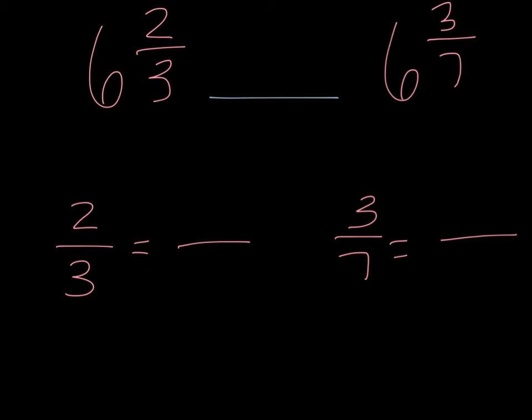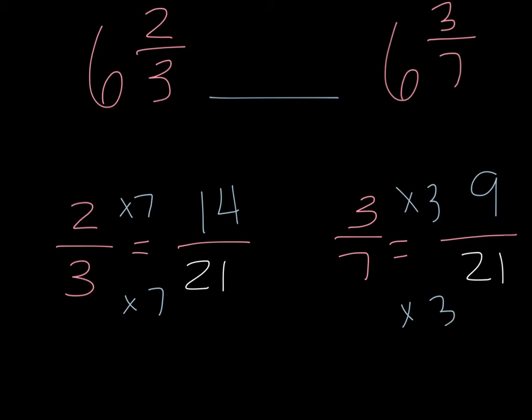For E, we are comparing 6 2/3 and 6 3/7. I want you to pause the video now and find a common denominator for 2/3 and 3/7, and then create an equivalent fraction using that new denominator. You should have found a common denominator of 21.